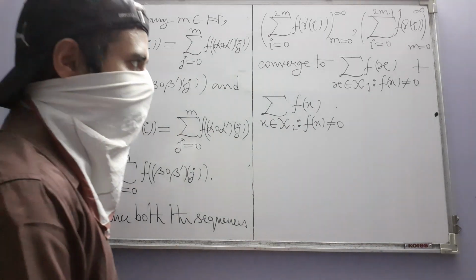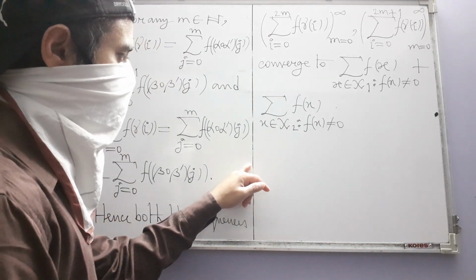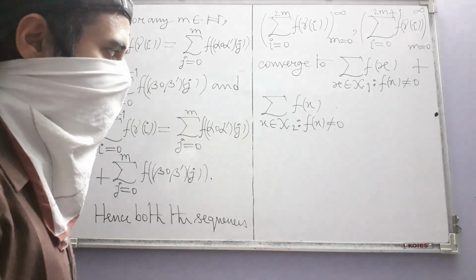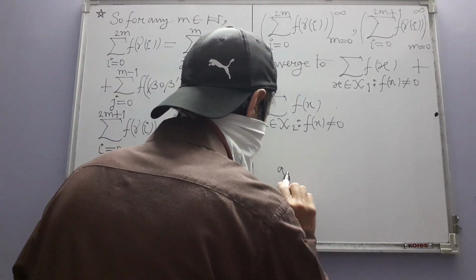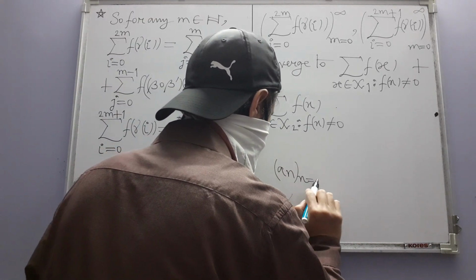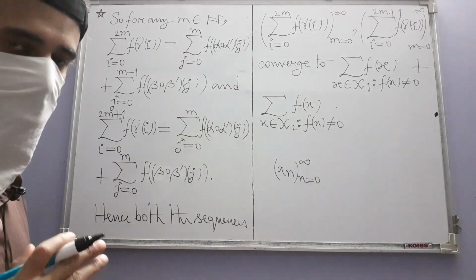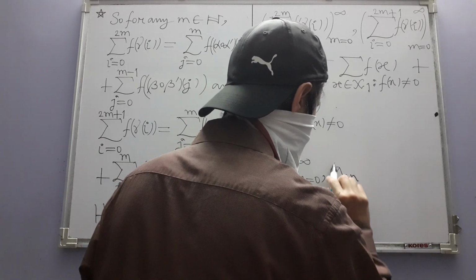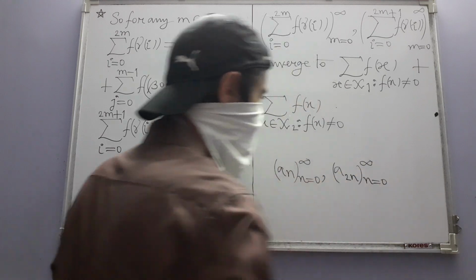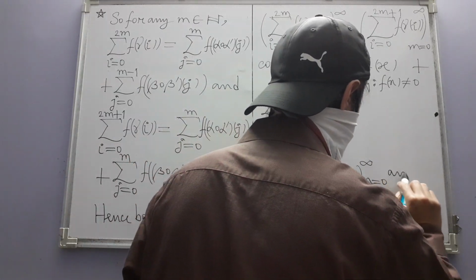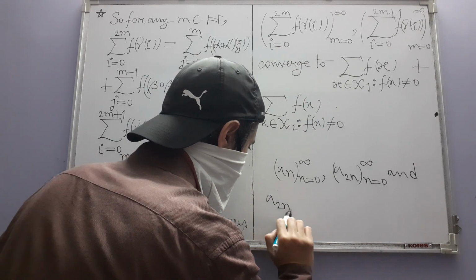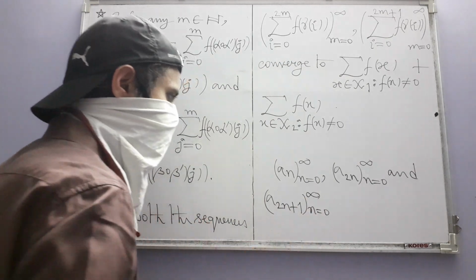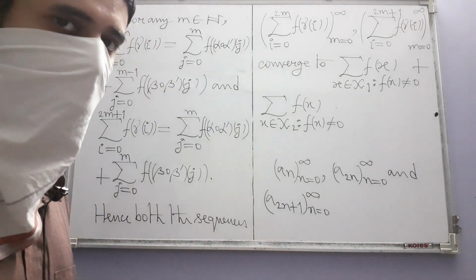But we have already seen something quite a while back, when we were studying sequences: when you have a sequence of real numbers for which these two subsequences, this and this, both the subsequences are convergent and they have the same limit.